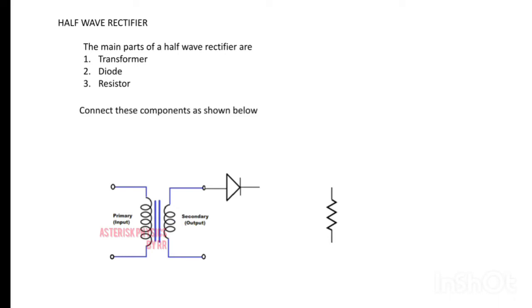Now connect these components as shown below. And now you have the circuit diagram of a half wave rectifier. The input AC is applied across the primary coil and the output is taken across the load resistor RL.